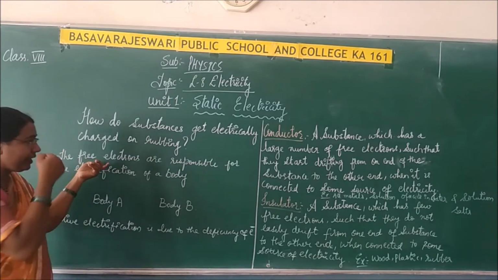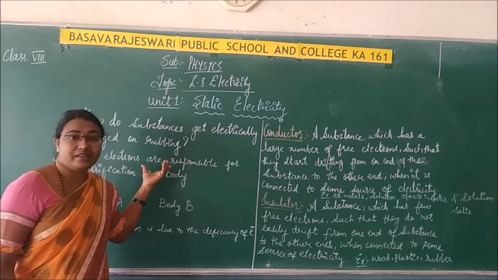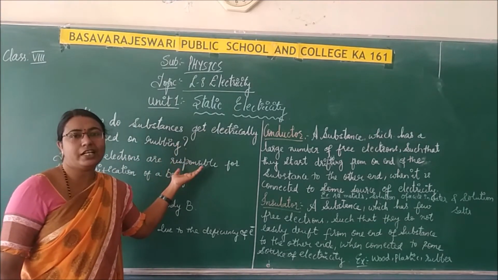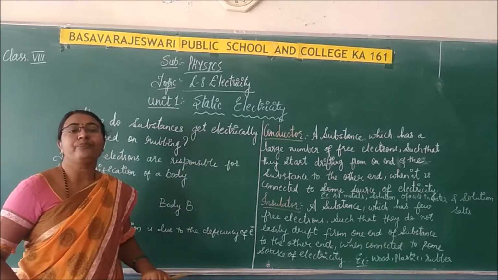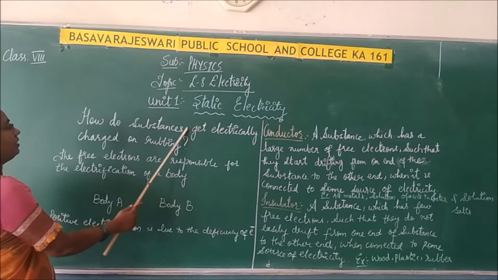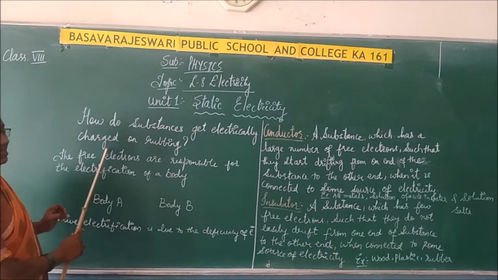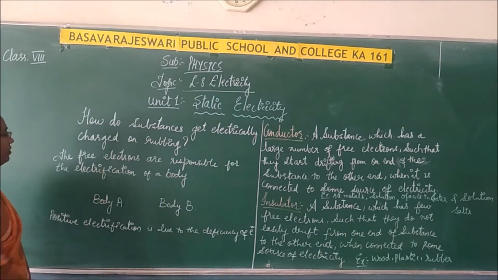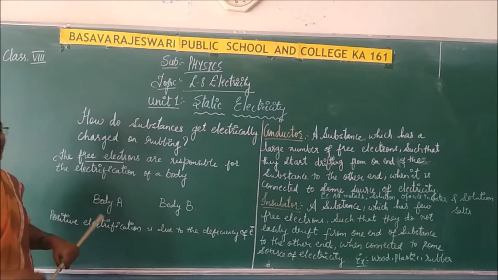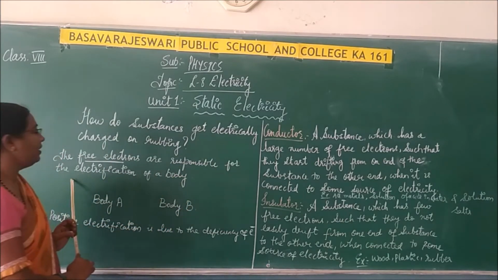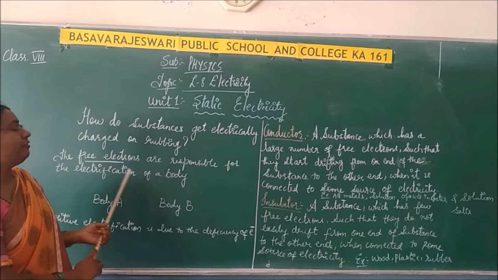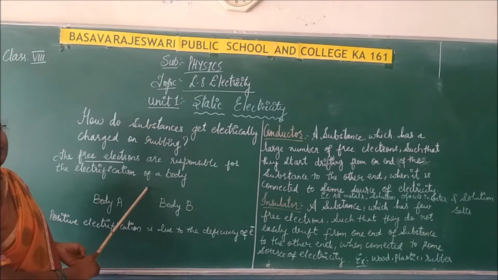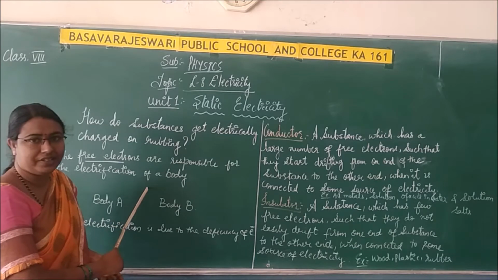So what is responsible for the substances to get electrically charged? The free electrons. The free electrons are responsible for the electrification of the body, that is, for the body to get charged electrically.